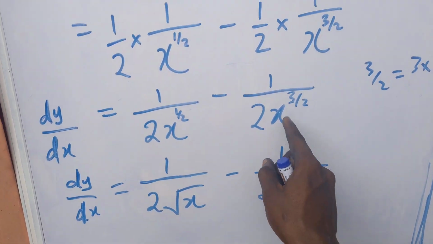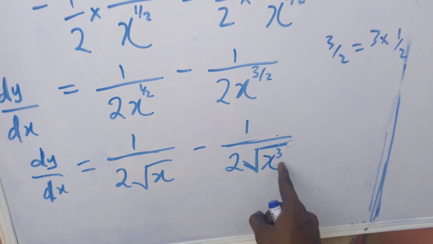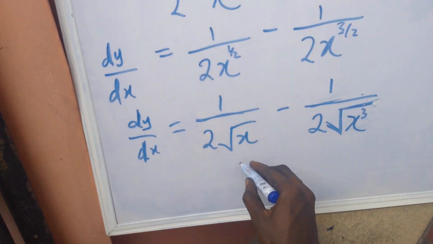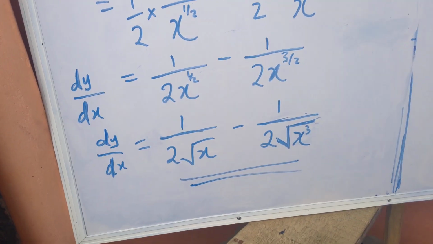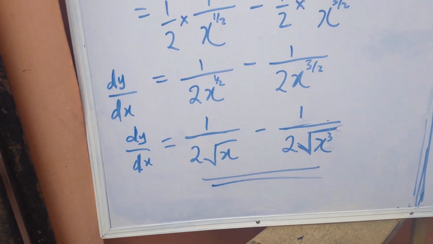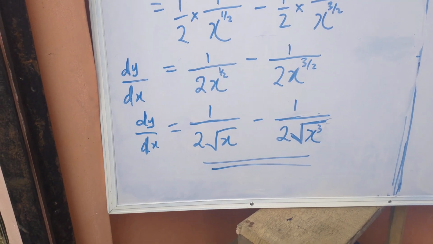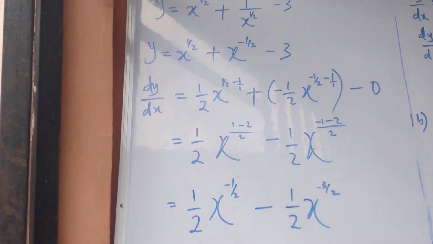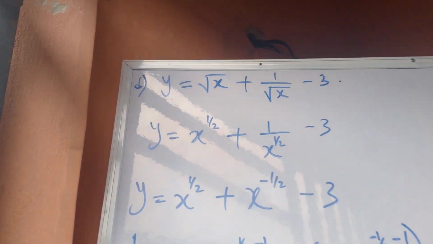Okay, so x raised to power 3 over 2 is square root of x raised to power 3. Alright, so that's the final answer. dy dx is 1 over 2 root x minus 1 over 2 square root of x raised to power 3. Alright, so that's the derivative of that question.